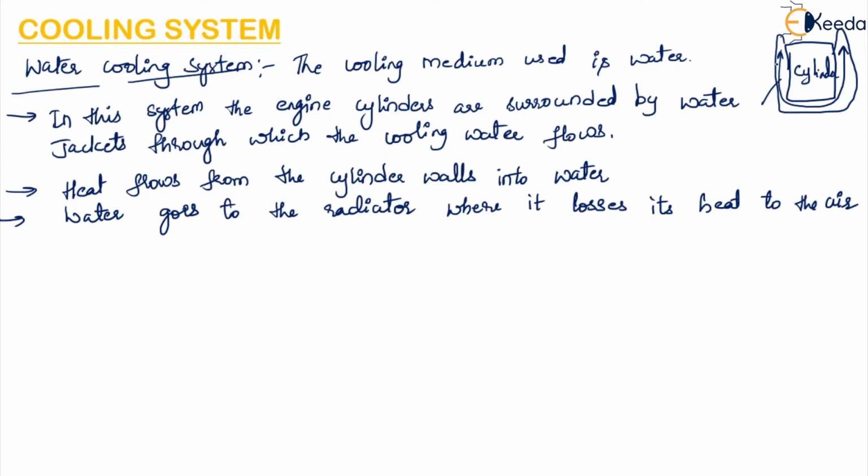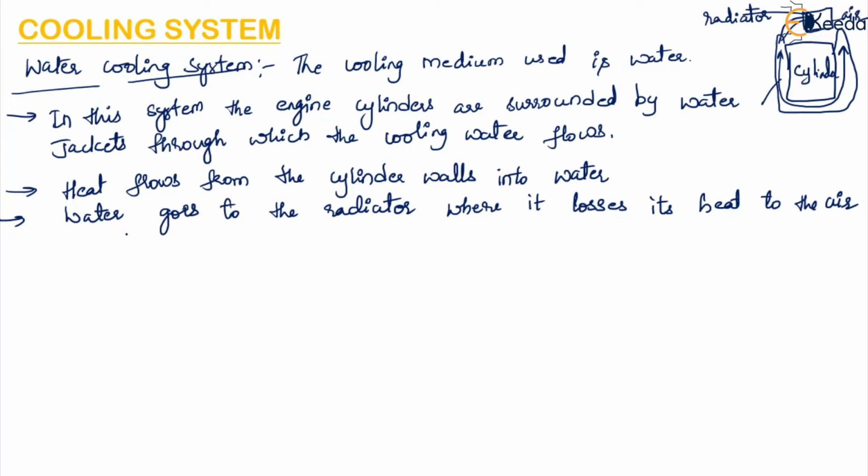After the water flowing inside the water jacket collects all the heat from the cylinder, it is passed to the radiator. So if this is the radiator, the cooling water flows into it after collecting the heat from the cylinder, and in this radiator the water will lose all the heat to the air which is present.